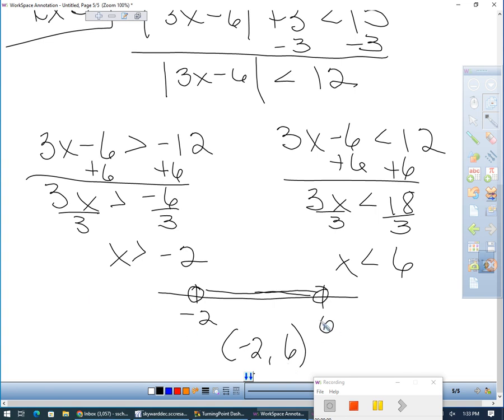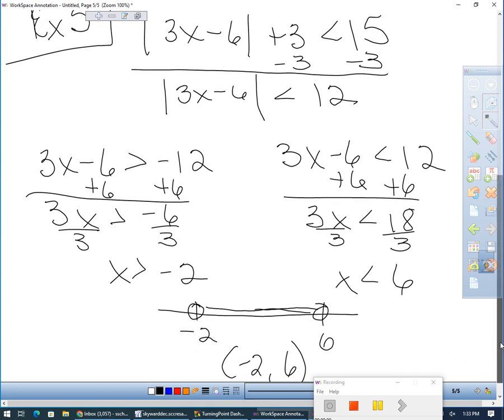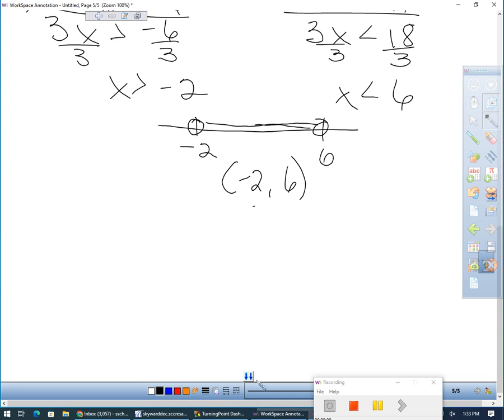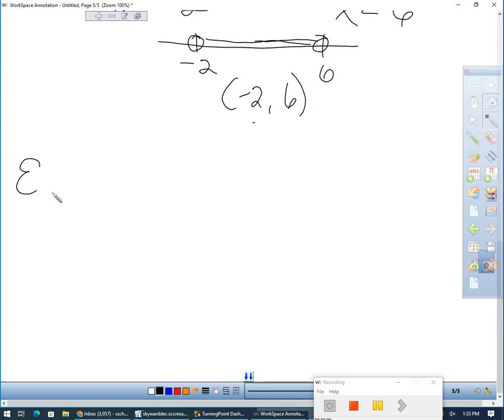All right. Last example. This is it. We'll do an or problem, and we'll be done. That's right. Example 6. Oh, goodness.